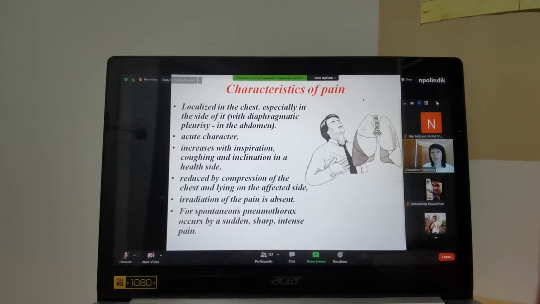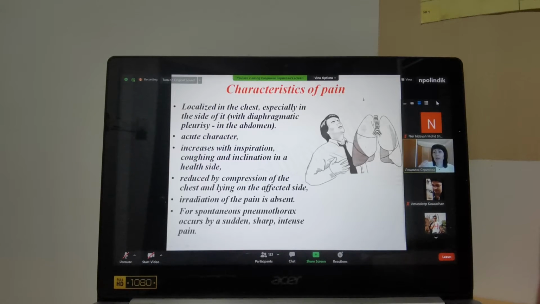Pleural pain is usually localized in the chest, usually in the lower part of the chest. And like I said before, this pain usually increases during deep breathing, coughing, and changing of position. But what position?